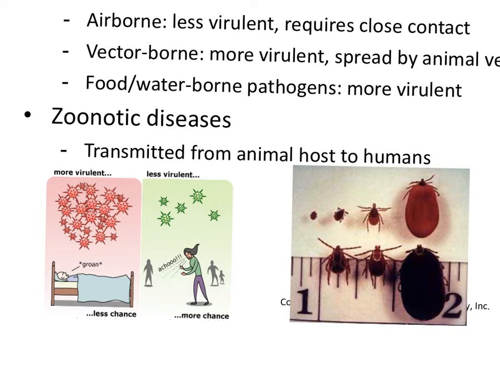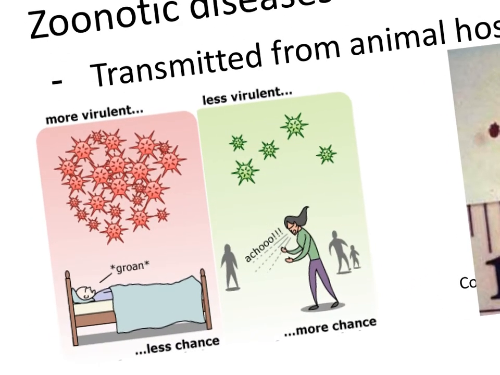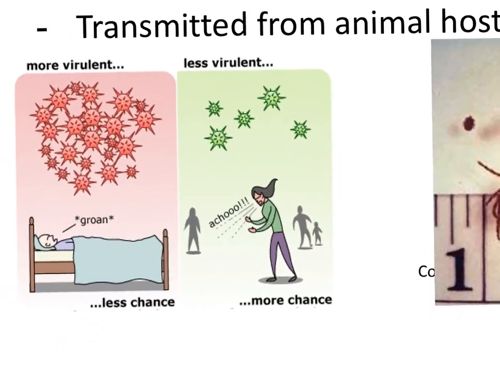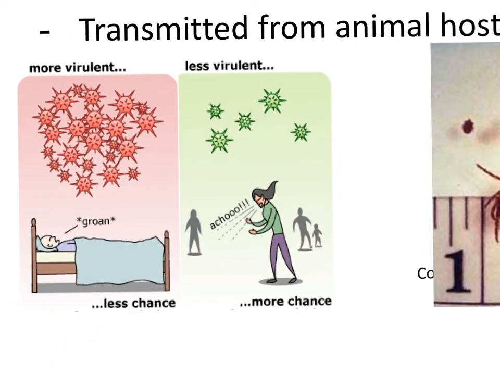Okay, but transmitted between humans, it requires a vector, namely a tick. Okay, so if a disease is really, really virulent, you're going to be lying there, not moving around, and it's likely that very little chance you're going to actually transmit it, except for maybe someone who's helping you with direct contact.